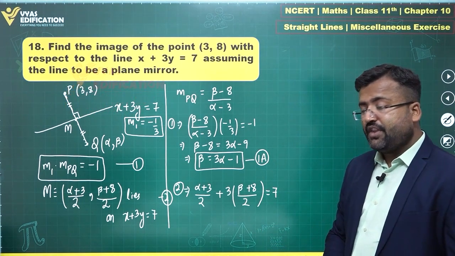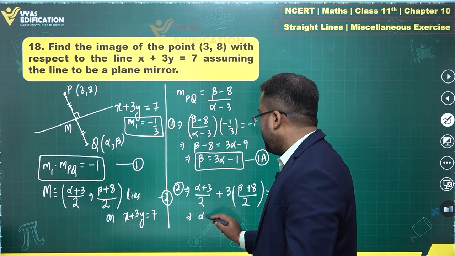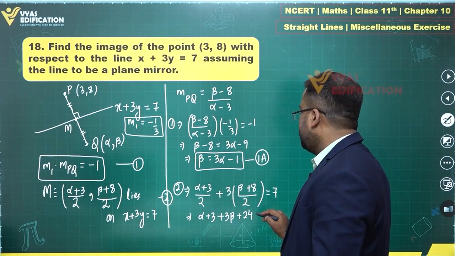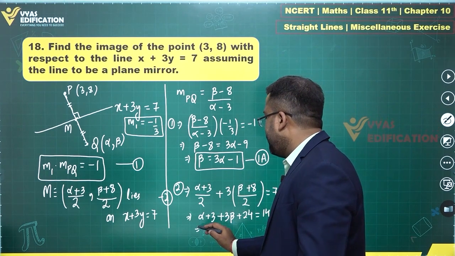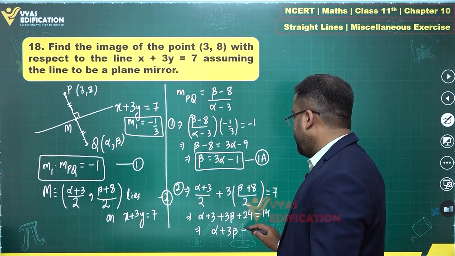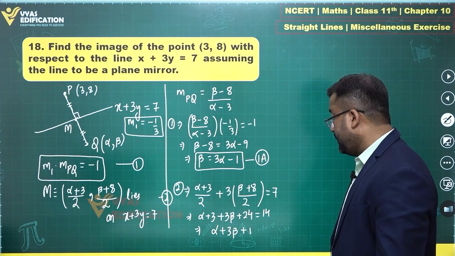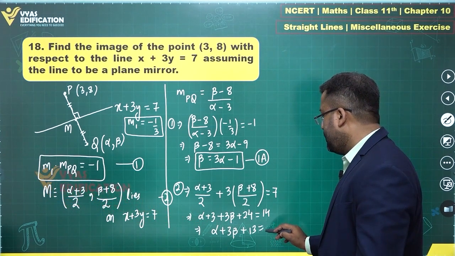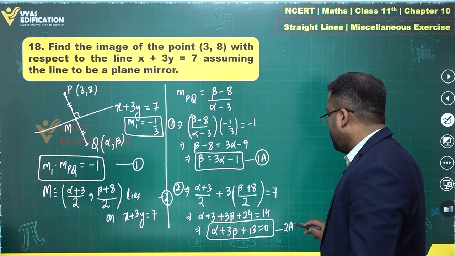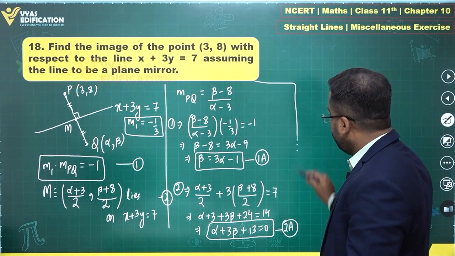Can we simplify this further? Yes, we can multiply by 2 throughout, and this becomes alpha + 3 + 3 beta + 24 = 14, or alpha + 3 beta + 13 = 0. This is the other equation between alpha and beta. Since it has been obtained from the second condition, let's call this 2a.